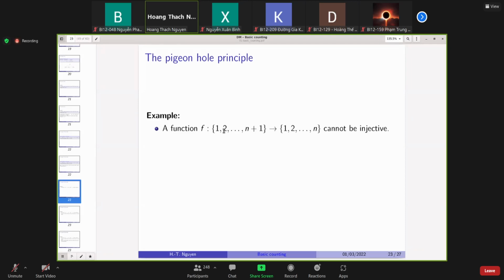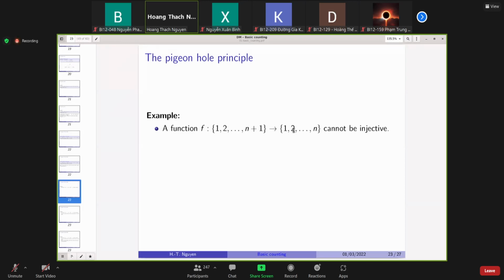Of course there are fewer values than the number of variables here, so necessarily there will be at least two variables which have the same value of this function.